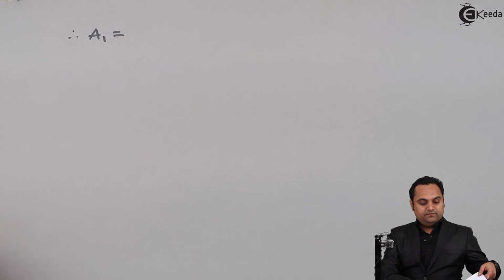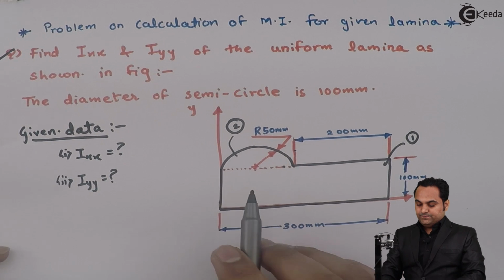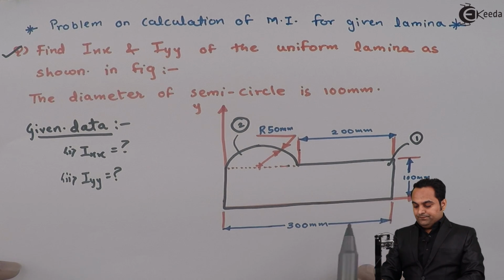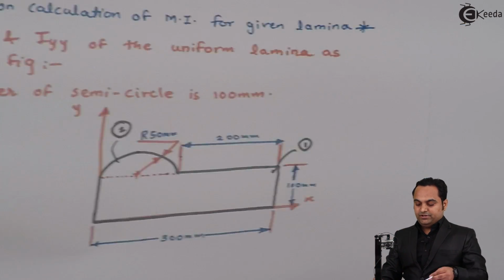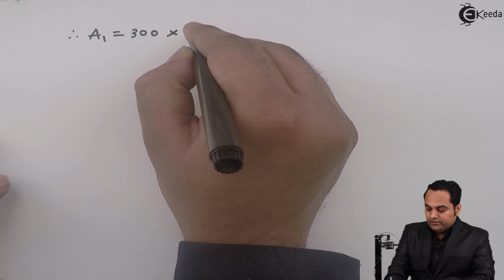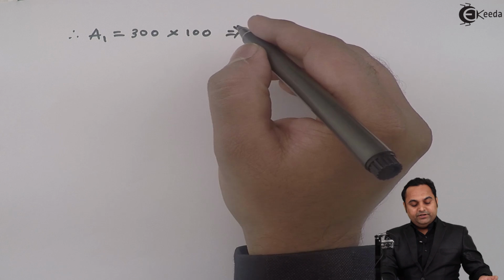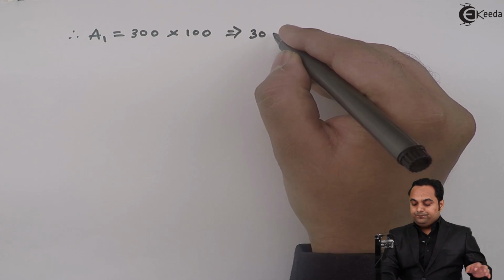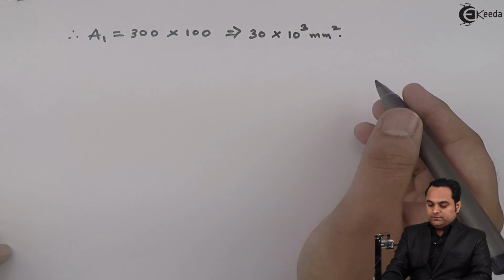Therefore A1 will be equal to, the first figure is a rectangle having width 300 and depth 100. So it is 300 into 100, so that is equal to 30 into 10 raised to 3 mm square.